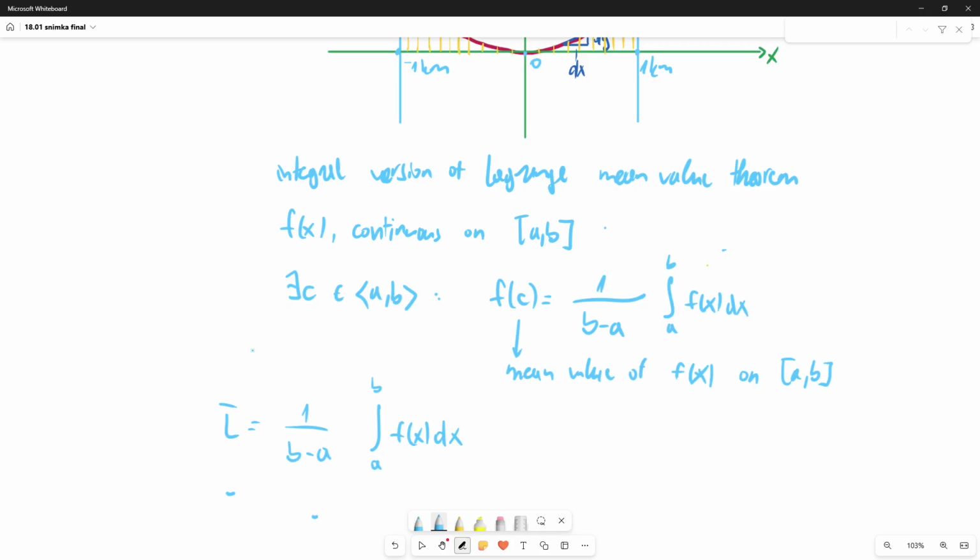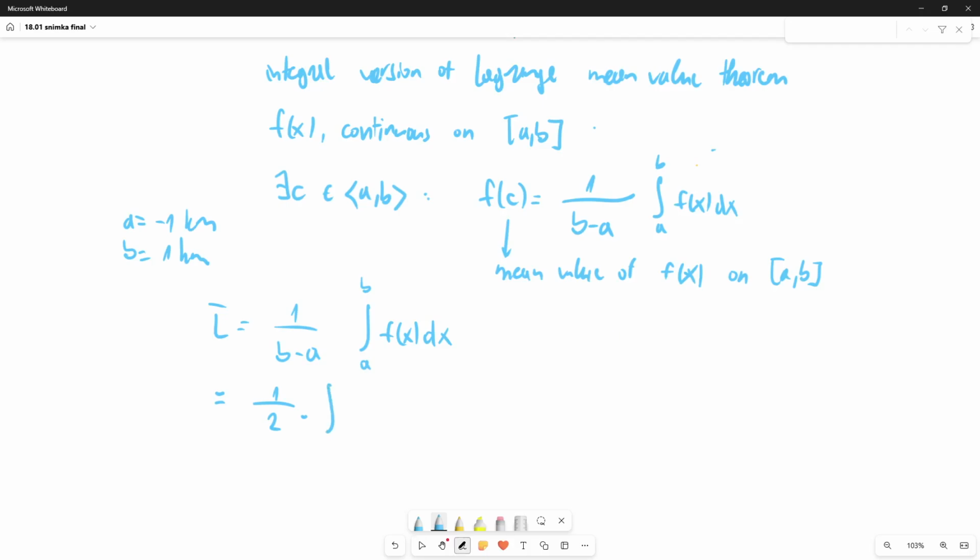In our case, a is equal to minus 1 kilometer, b is equal to 1 kilometer, so 1 over b minus a is equal to 1 over 2. We integrate from minus 1 to 1, and our f of x is equal to 1 over 10 times x squared dx.